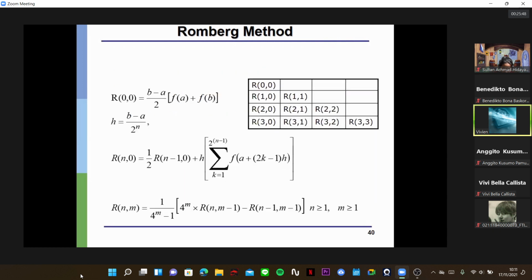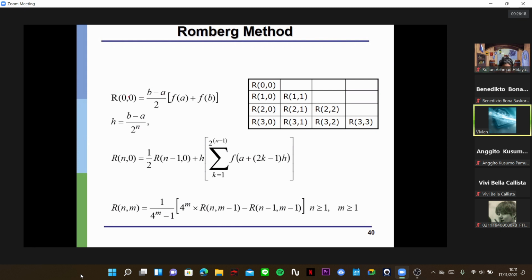So this is basically the calculation. If we want to obtain a higher order accurate scheme, we combine the calculations of the integration area with different H values. We can construct a table like this one, in which the first entry here is R00.